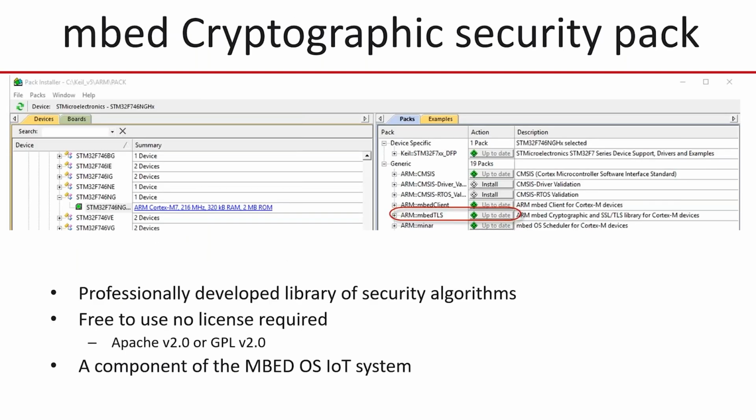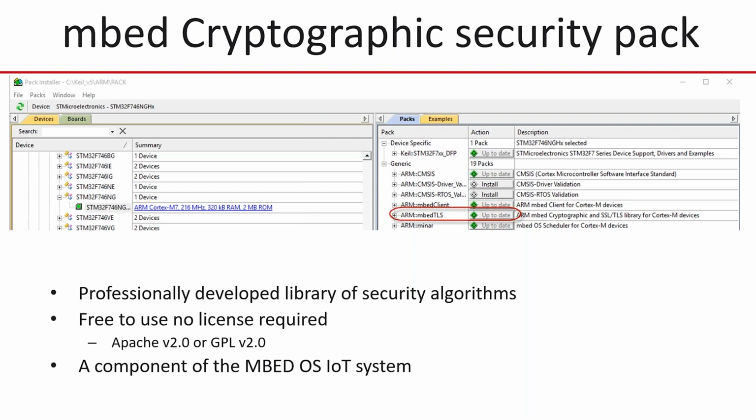Now, the main way that we can look at doing this is with a free open source library called Mbed TLS. This is a full cryptographic library that's provided free of charge by ARM. It was originally a commercial library, but ARM purchased the company, has now open sourced it so that it's free to use for commercial and non-commercial projects.